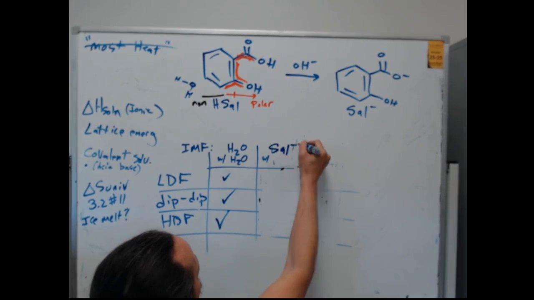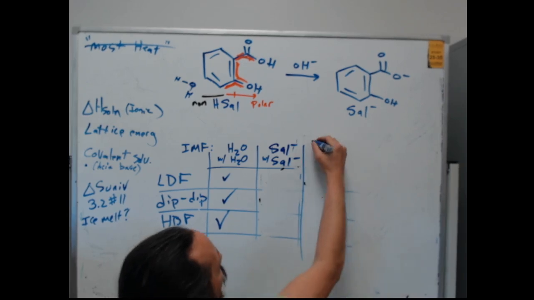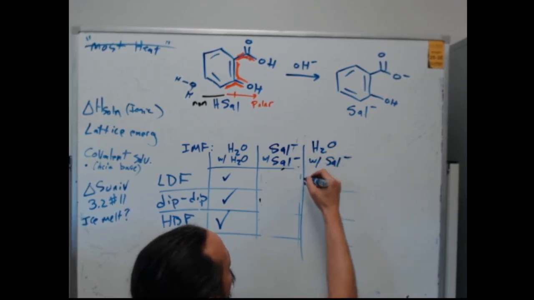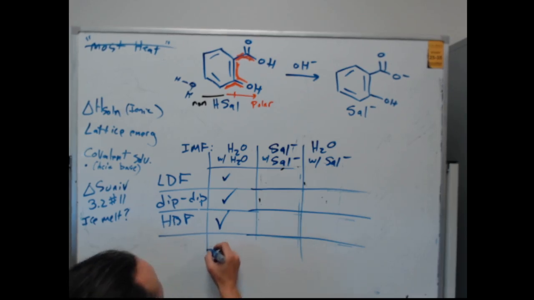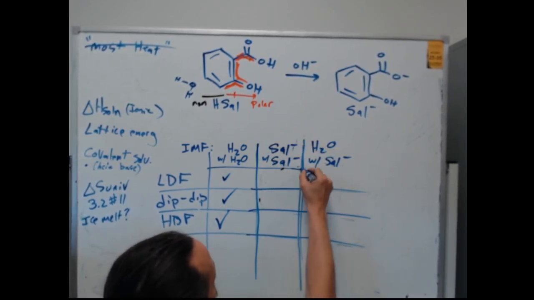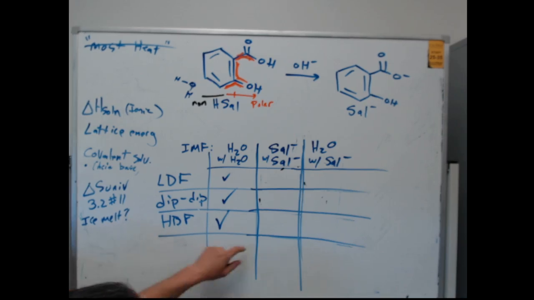So we're going to look at Sal minus with Sal minus, and then we're going to look at H2O with Sal minus. And we're going to have to add some new stuff onto our table. Because notice, I haven't had to consider ions, but now I've got a covalent ion.